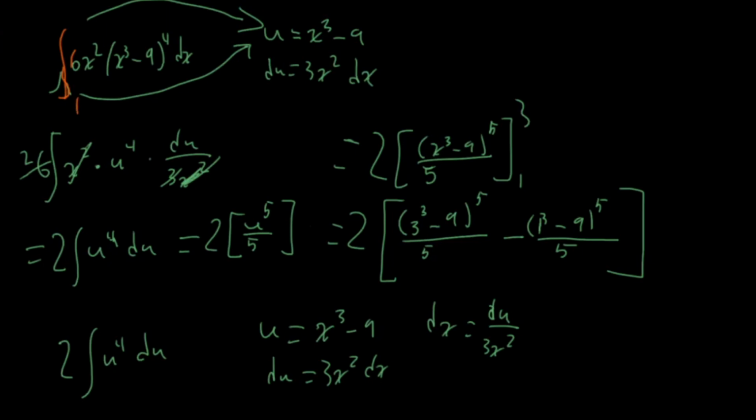It was 1 to 3. And what we're going to do now, we're just going to take these bounds, plug them into here. So u is equal to 3 to the 3rd, or let's call u2 as our second bound, 3 to the 3rd minus 9. You don't have to simplify, but you can if you want to. So that's 27, that's 18. And then u1, let's plug in this 1 to the 3rd minus 9, that is negative 8.